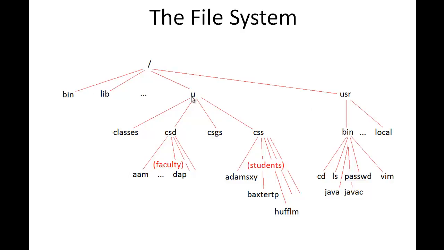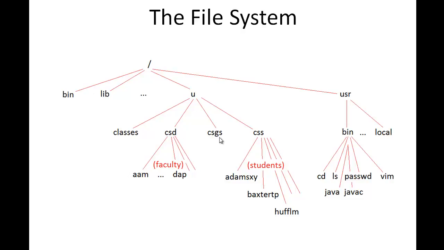The U folder or directory contains all of the accounts that belong to the individuals that use this machine, and they're divided into groups. The computer science department has a group called CSD. That's mostly faculty, but also some staff folks.